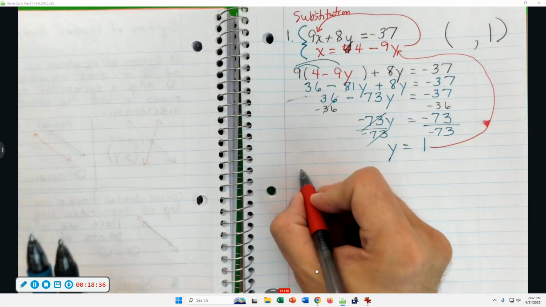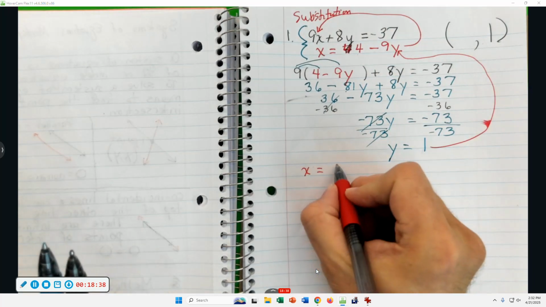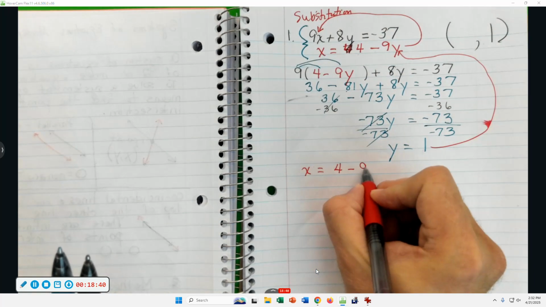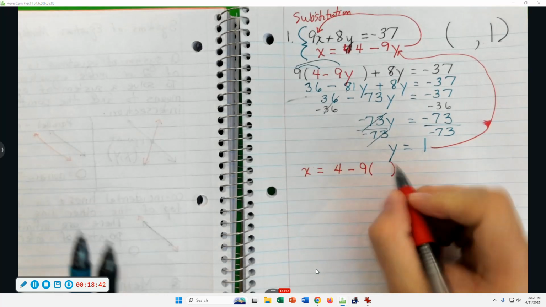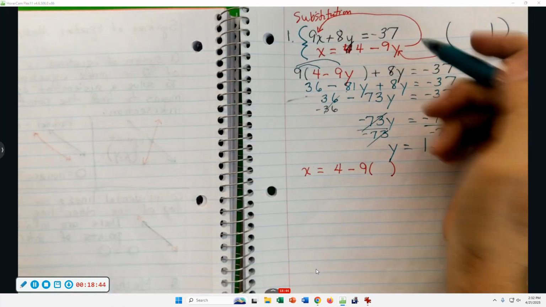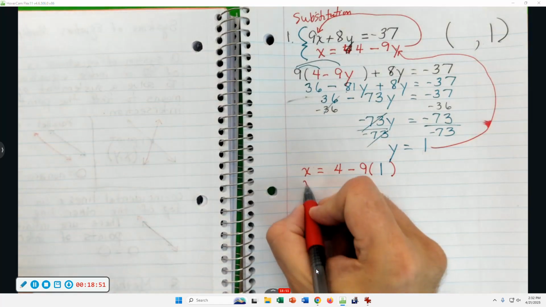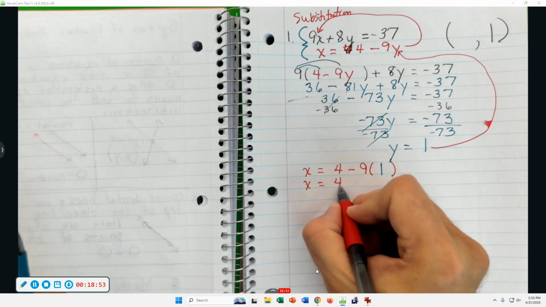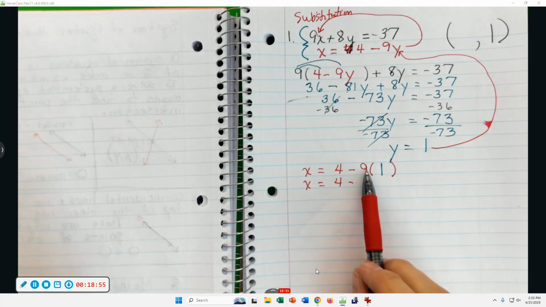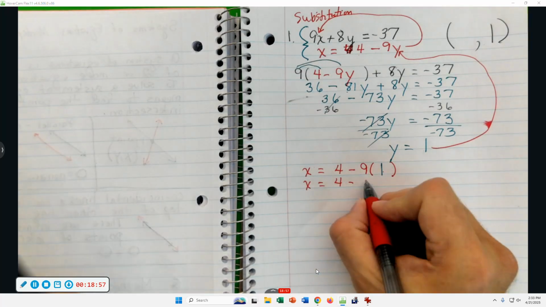So we have x equals 4 minus 9, and in place of the y, I'm going to put a 1. Now be careful. Multiply before you subtract.